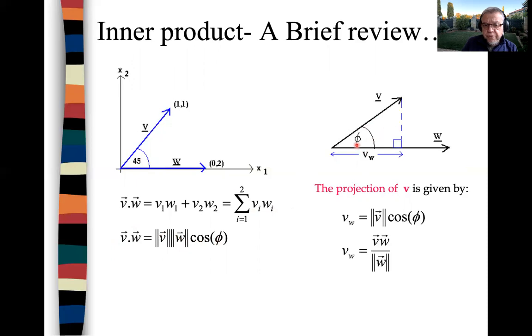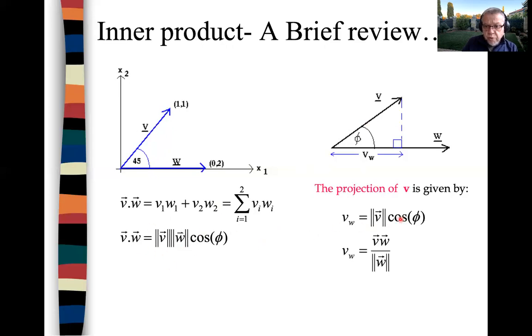So this is phi. Okay, if you want to project v on w, the projection is the norm of v times the cosine of the angle between the two vectors.